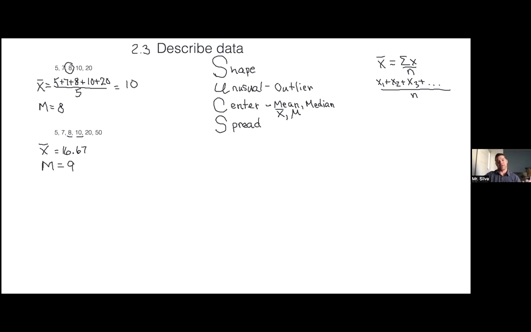Up here, I would not say 20 is an outlier. It could be, but it's not that much greater than the median, which is 8. Not much of a difference there between those two numbers.